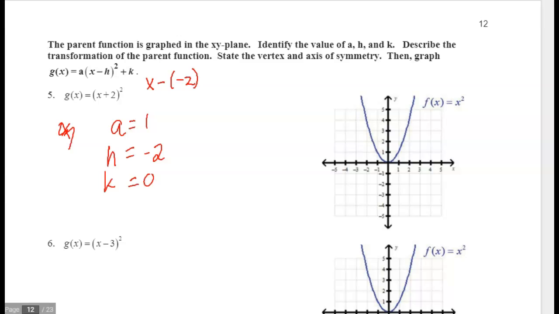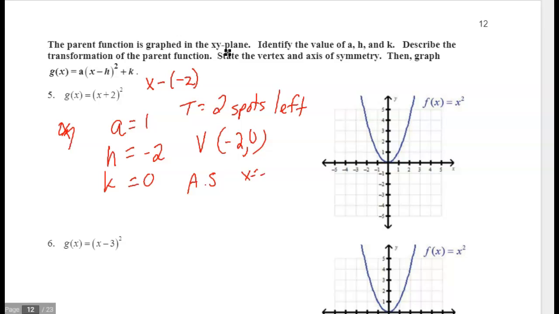So the transformation is we're going 2 spots left. The vertex, -2, 0. The axis of symmetry is x equals -2.